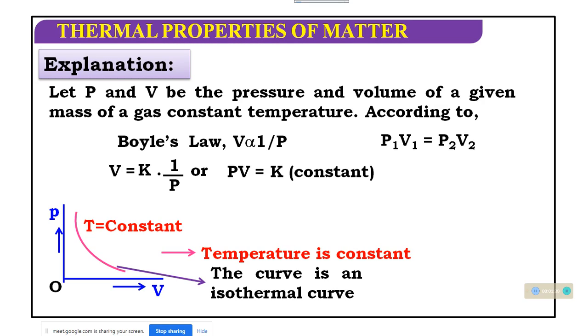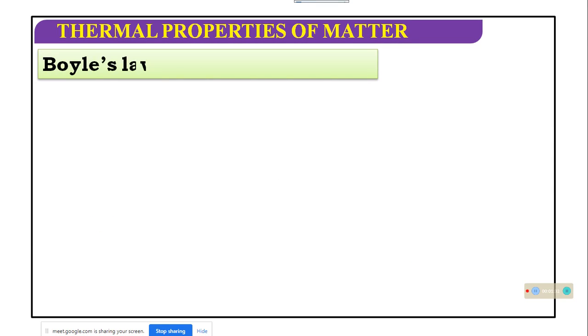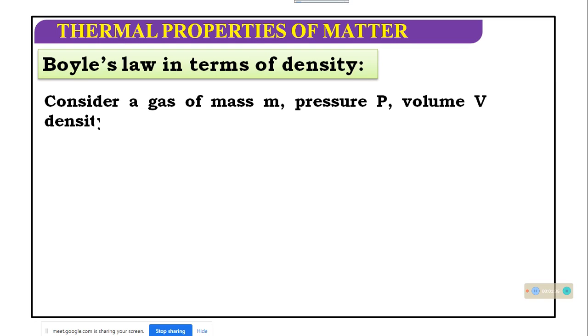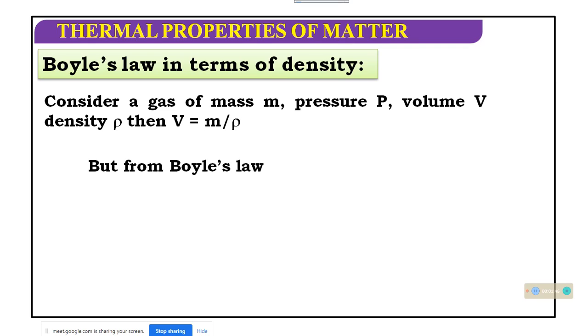T is constant. Next, Boyle's law in terms of density. Consider a gas of mass m, pressure P, volume V, and density rho. We can convert V in terms of rho. For Boyle's law, PV equals constant.